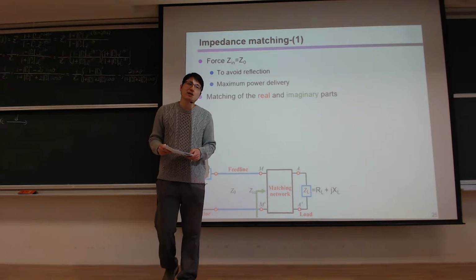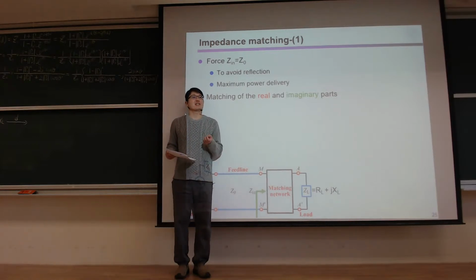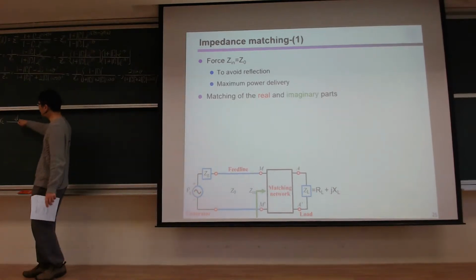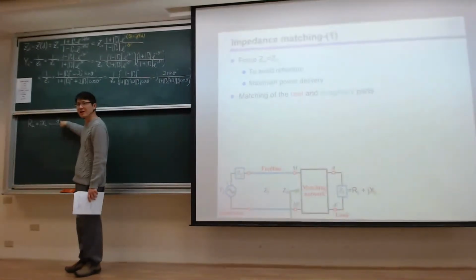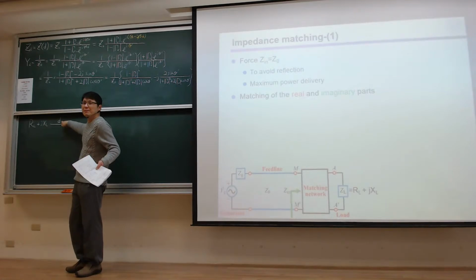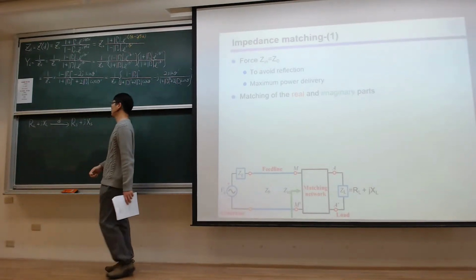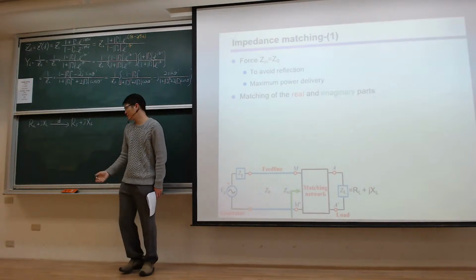But usually, the wave impedance is also a complex number. So now, after I walk for a certain distance, I look at the input impedance. It's RS plus JXS. Or let me say D.